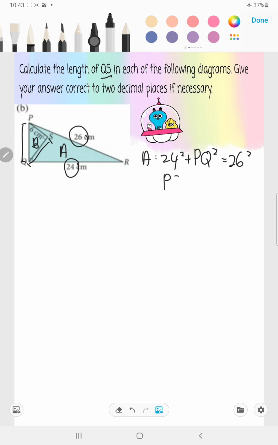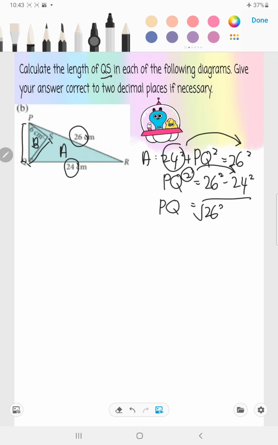So we want to find PQ square, you have to shift 24 square to the other side, minus 24 square. Square, you move it to the other side and you will get 26 square minus 24 square. PQ is equal to 10 cm. So now you know that this is equal to 10 cm.